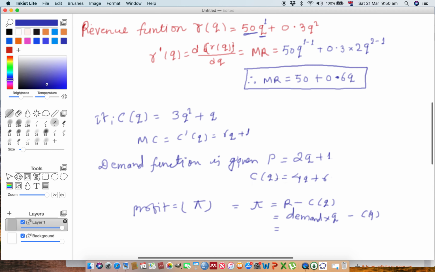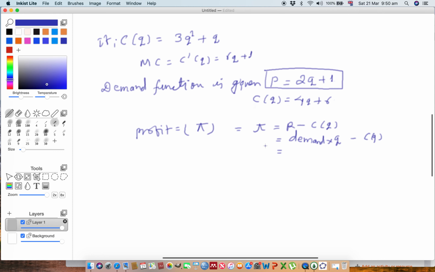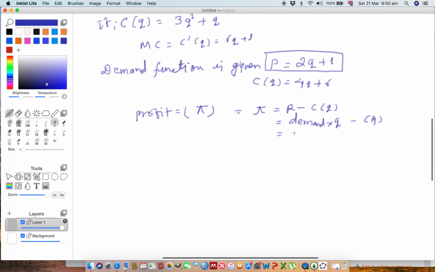So the demand function is here, that is 2q plus 1, and the quantity is q, minus the cost function, 4q minus 6, is equal to 2q square plus q minus 4q minus 6, which is equal to 2q square minus 3q minus 6.